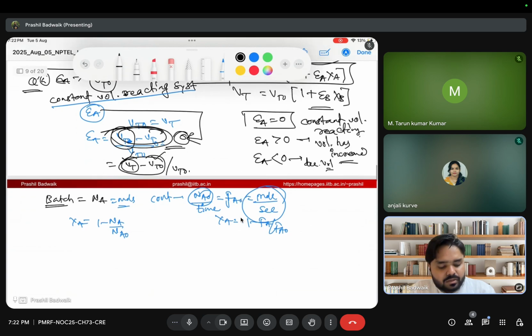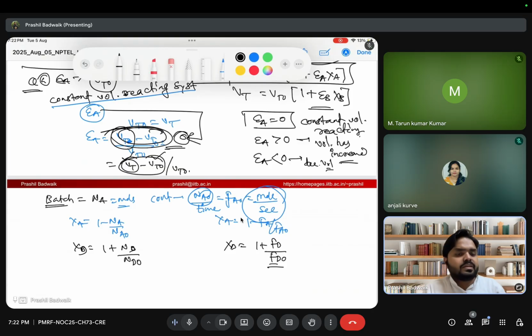For products, Xd is equal to 1 plus Nd divided by Nd naught, and here Xd is equal to 1 plus Fd divided by Fd naught. This will give you conversion. A similar thing is happening here.